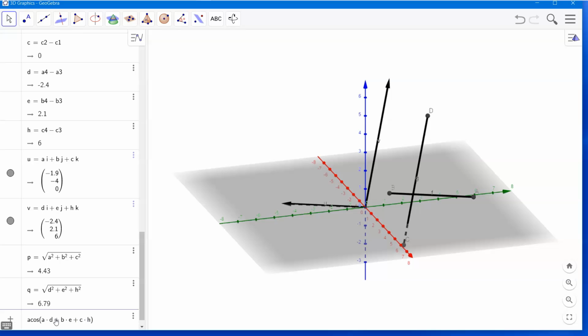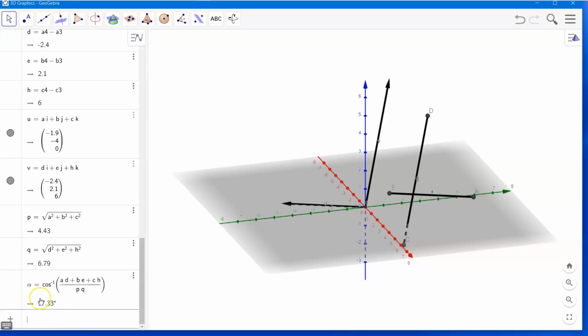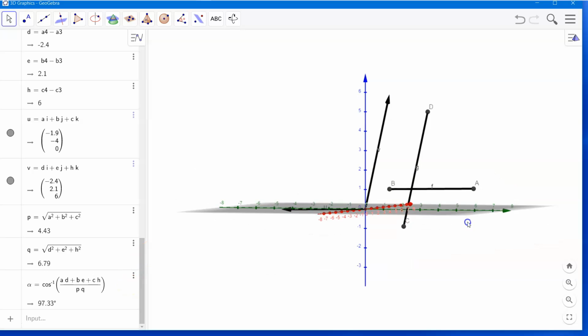Now let's put this in a bracket and divide this by the product of the magnitudes, p times q. That gives us 97.33 degrees.